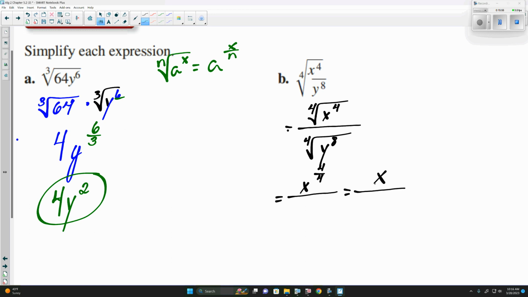Now the denominator y, our fractional exponent, the number on top is the exponent with y, which would be 8. The denominator is the root, which is 4. Now 8 over 4 is 2. So the 4th root of x to the 4th divided by y to the 8th simplifies to x over y squared.